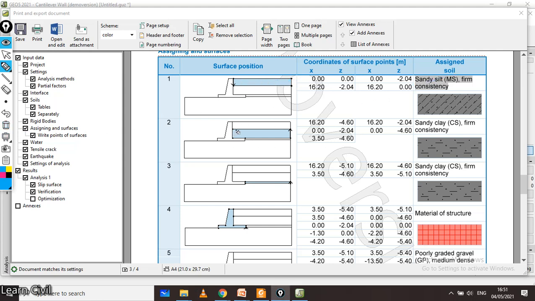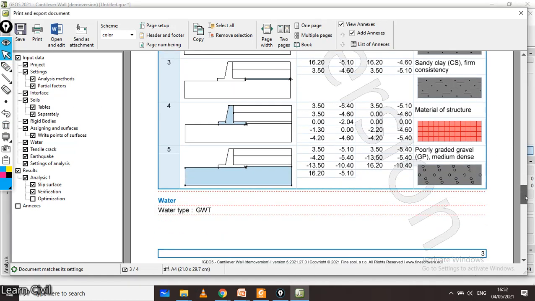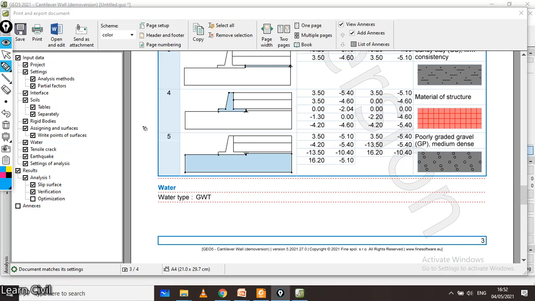Below that we have provided the sandy clay, and after that we have provided the poorly graded soil, which can be seen here.